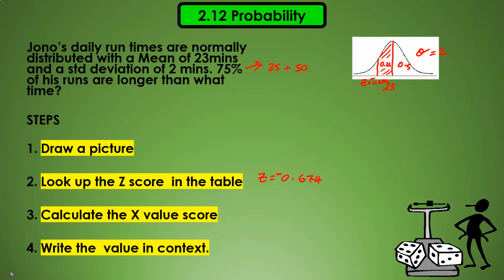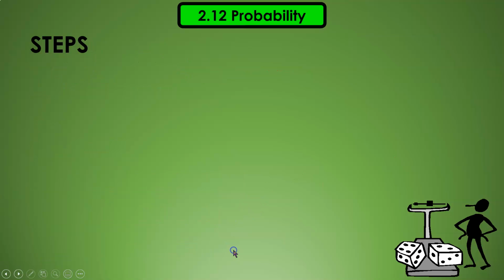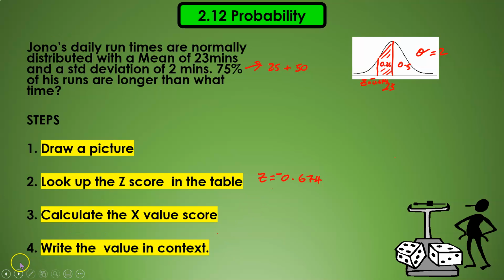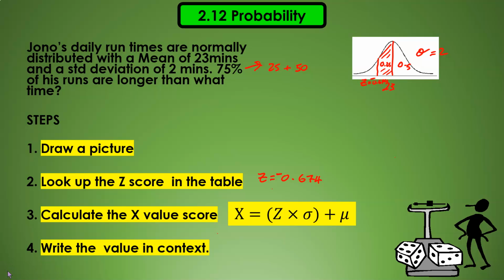So now that we've got the Z score, we need to move on to calculate the value of the score. The formula is there.